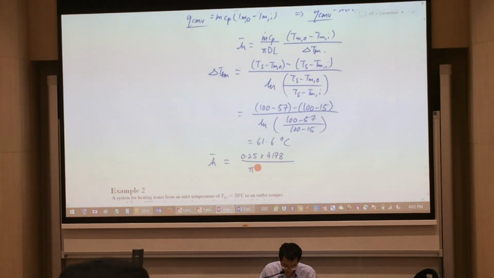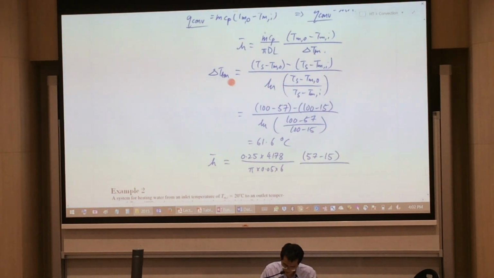The diameter is 0.05, and the length of the pipe is 6 meters. And Tm outlet minus Tm inlet, that's 57 minus 15, divided by my delta T log mean, that's 61.6. If you do that calculation, you get h bar.